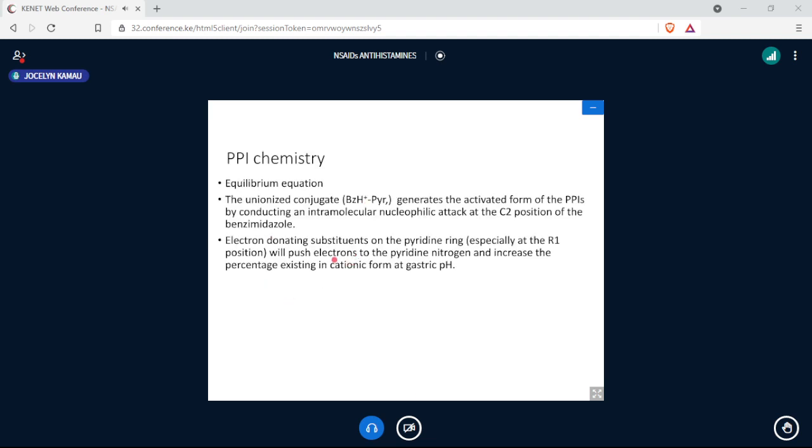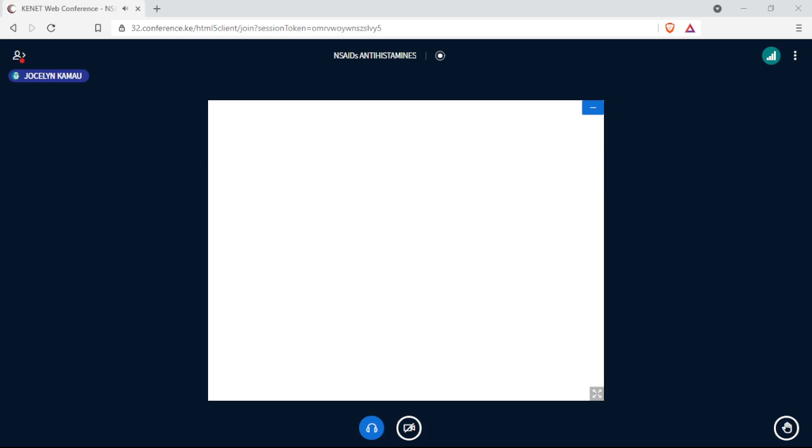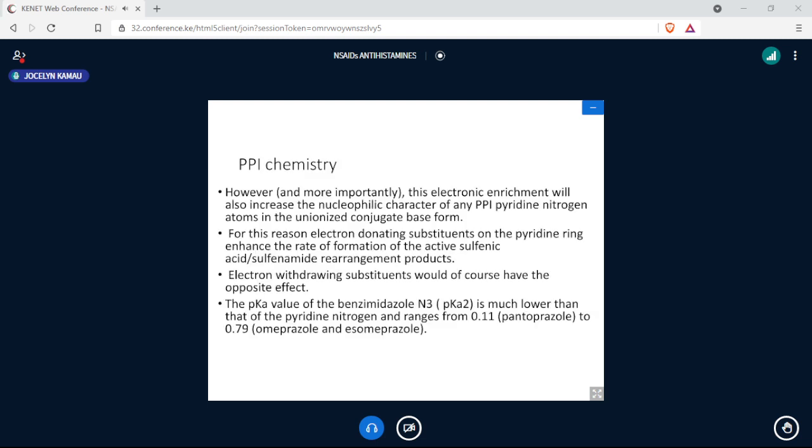So this now I hope is very, very clear. Electron donating substituents that we have discussed will add electrons into the system and therefore promote ionization. However, and more importantly, this electronic enrichment will also increase the nucleophilic character.